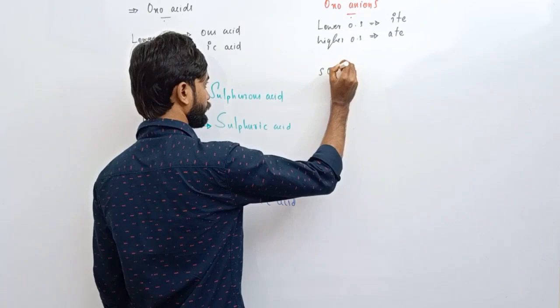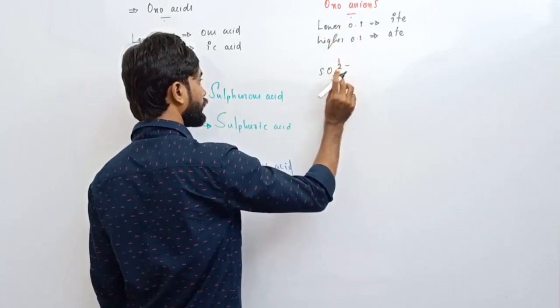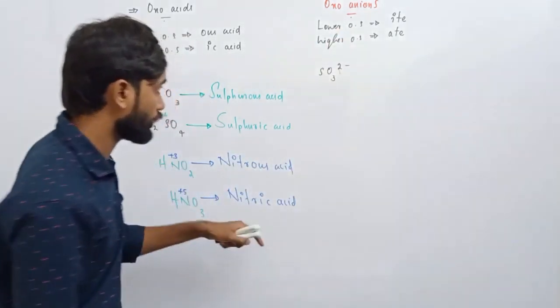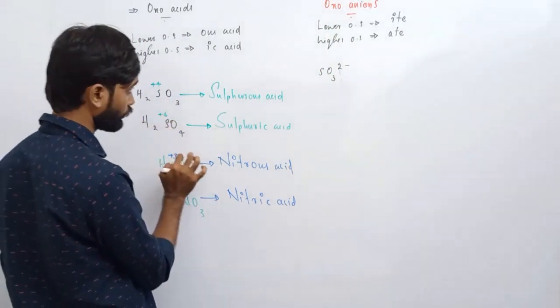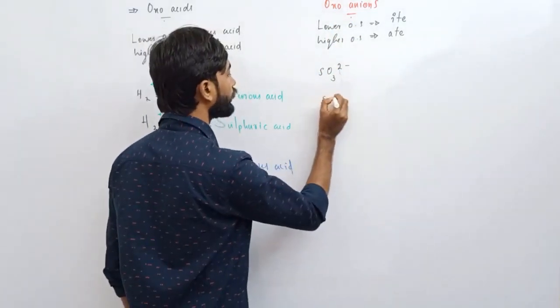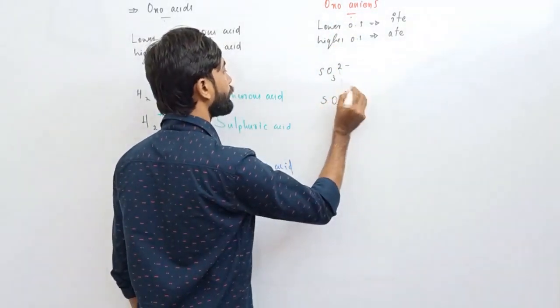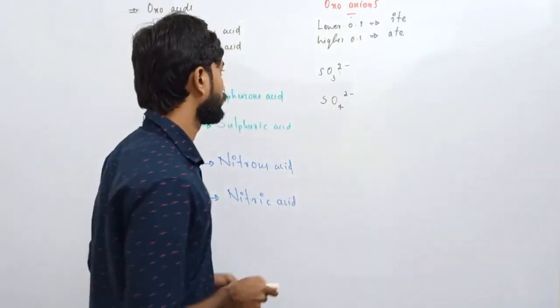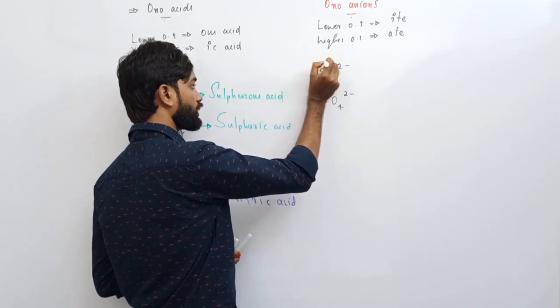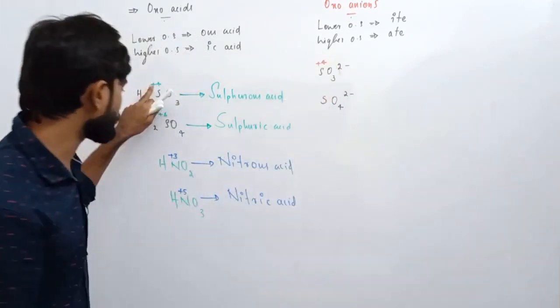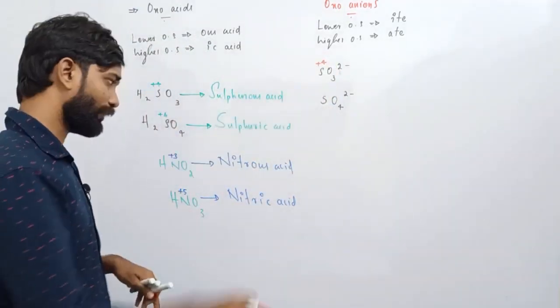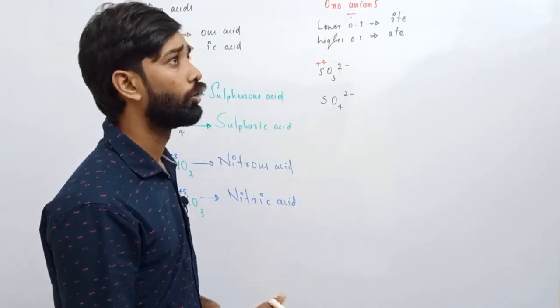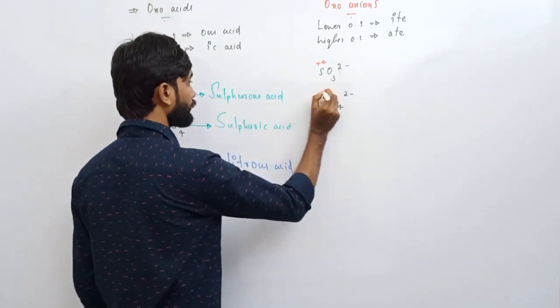SO3 2-, and you know the oxo anion is formed from H2SO3, and its companion is SO4 2-. The oxidation state is still the same, here also +4, and here +6. If hydrogen is removed, there is no change in the oxidation state; it remains the same.